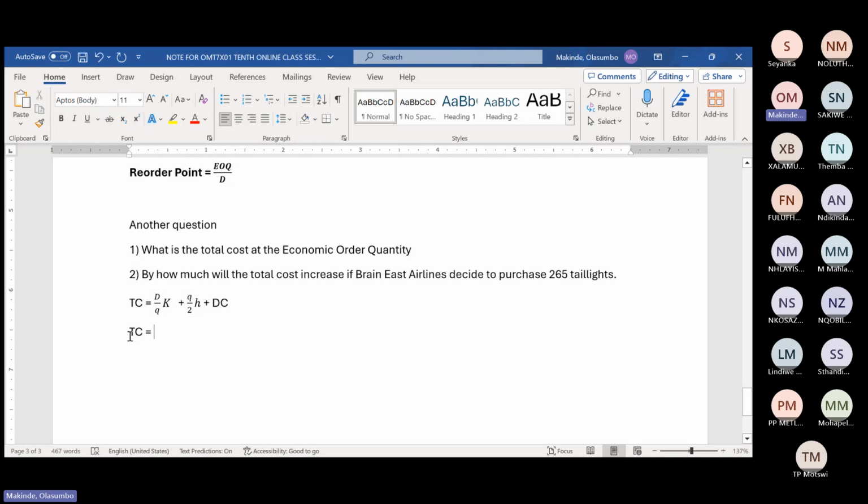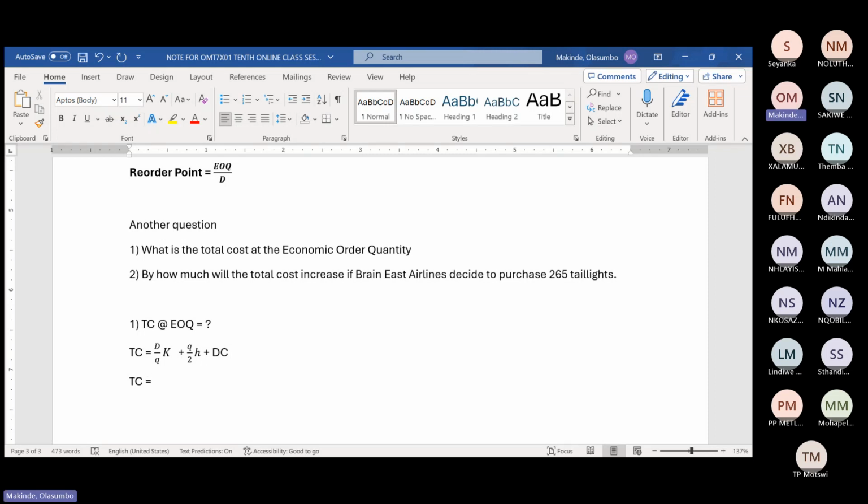So the first question, if you have that kind of question in the online test, is asking you, what is your TC at EOQ? So now you need to use your formula for the TC equation. We can still leave DC like I told you.